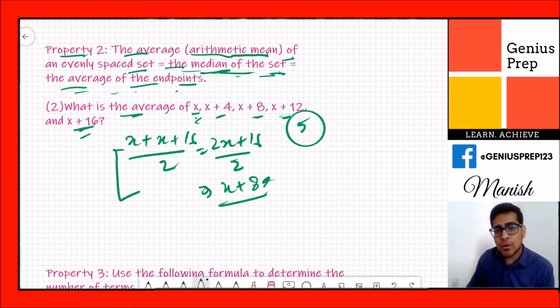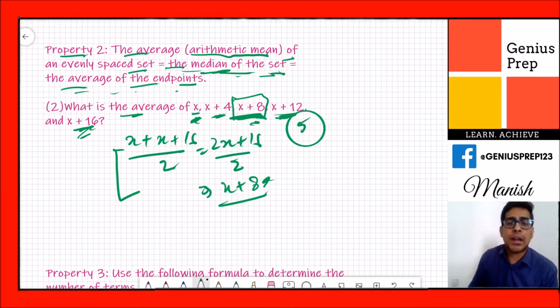Five. Whenever the number of terms is odd and it is an arithmetic series, the average of the series will be the middle number. Here x plus 8 is the middle term, so this will be the average of the whole series. You have to find the middle number whenever you are given an arithmetic series with an odd number of terms.